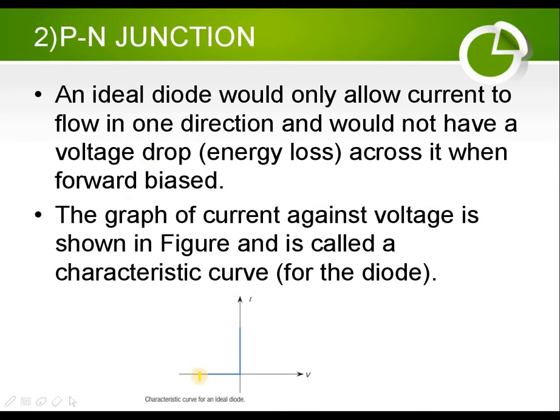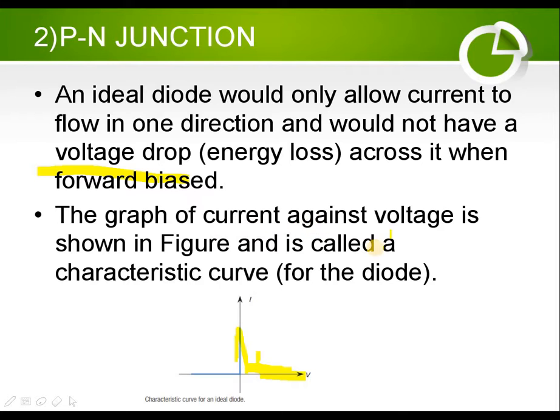The ideal case is this: in forward bias, current flows in one direction only with no voltage drop or energy loss. You can see here there is no energy loss along the voltage axis, so we can cross it in forward bias.